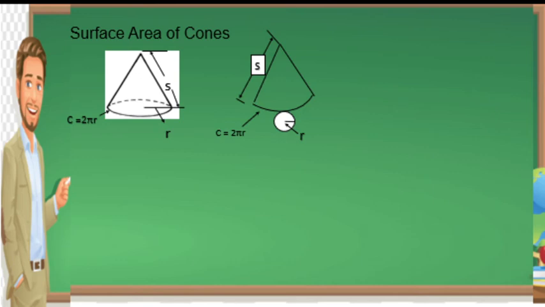That is the circumference. Okay, so the surface area of a cone is the sum of the lateral area and the area of its base. Okay? So, how to get the lateral area?